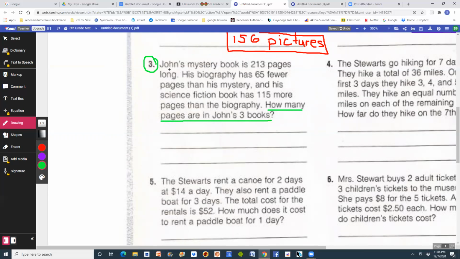So 3 books, let's at least list out what kind of books. Okay, so we've got mystery, biography, and science fiction. So let's start with mystery. I'm just trying to give myself as much room as possible here. I'm going to abbreviate that. Mystery, biography, and science fiction.